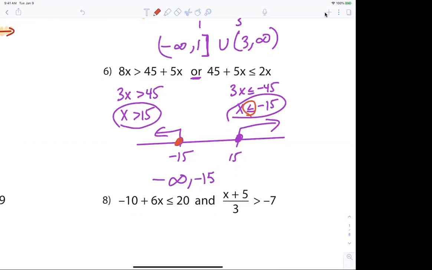This one over here is supposed to be open. Sorry about that. So this right here is a solid dot, union, and then open parenthesis, 15 to infinity.